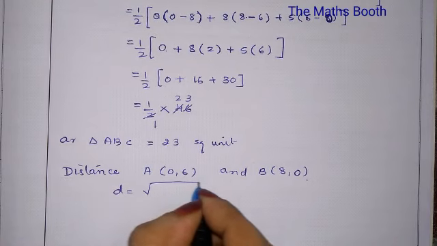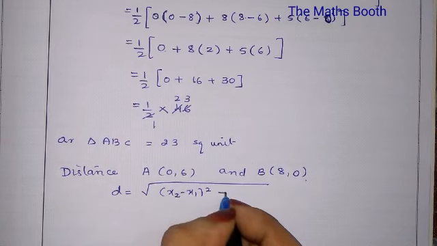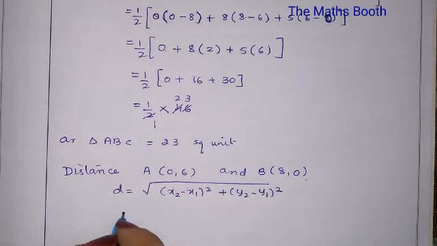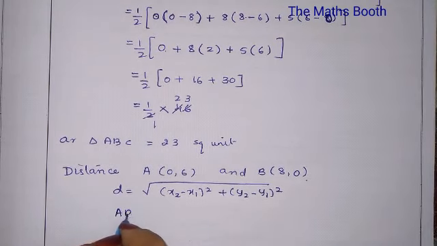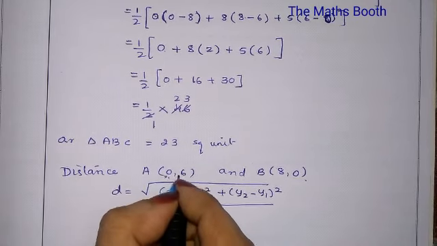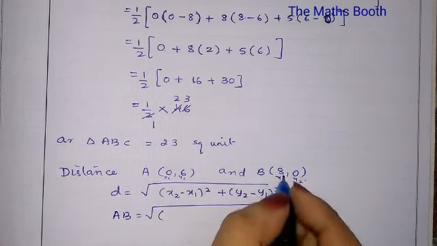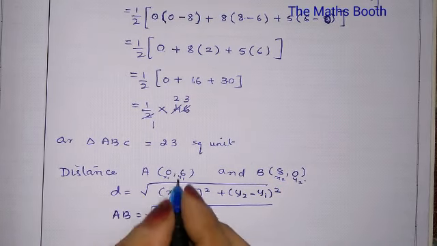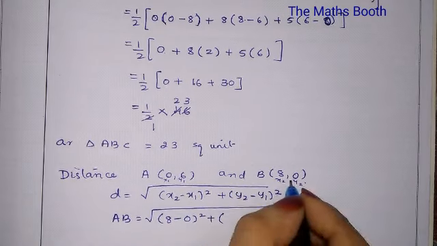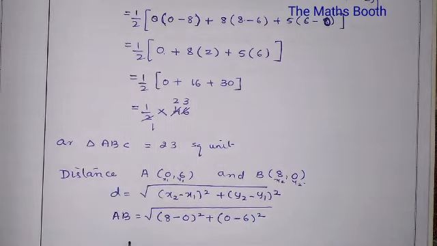D is equal to the root of x2 minus x1 whole square plus y2 minus y1 whole square. Distance between AB is equal to the root of, first point is x1 y1, second point is x2 y2, x2 8 minus x1 0 whole square plus y2 0 minus y1 6 whole square.